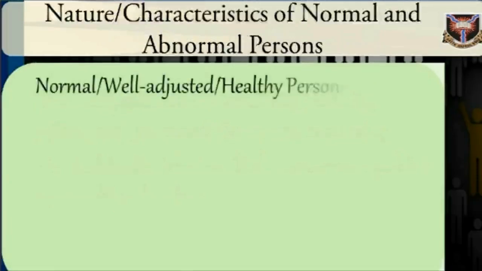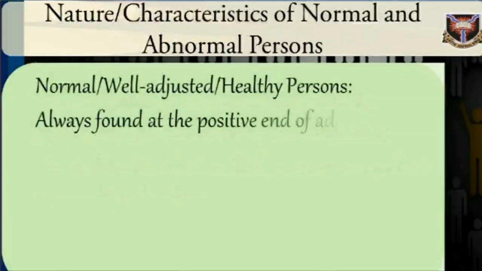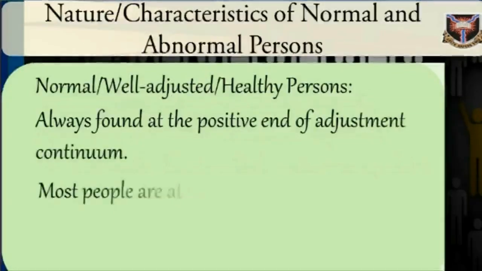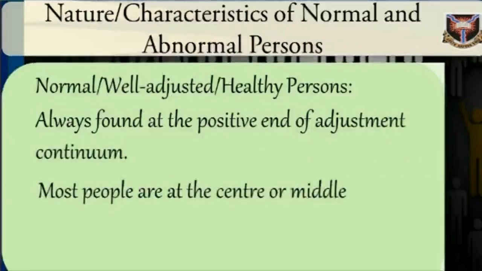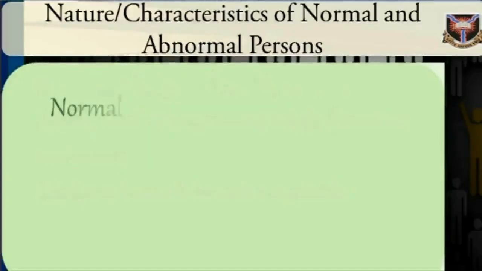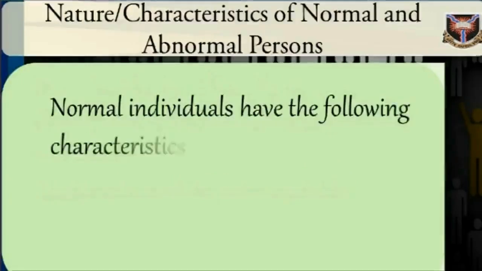Normal or well-adjusted or healthy person. The well-adjusted, normal or healthy individuals are always found at the positive end of the adjustment continuum. Most people are at the center or middle. Normal individuals have the following characteristics. 1.